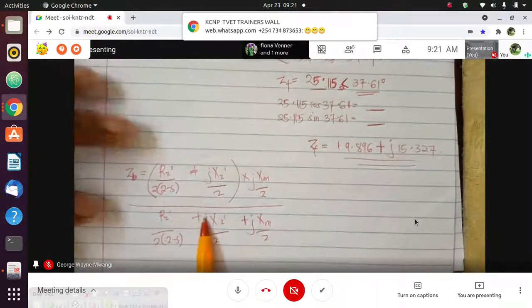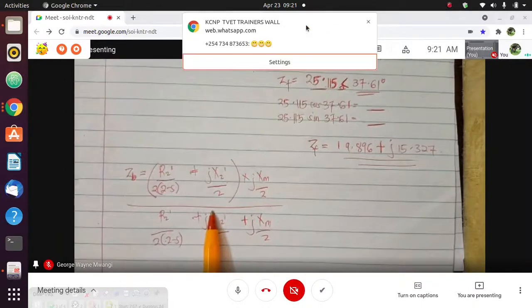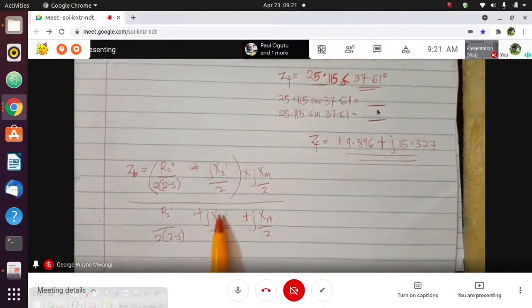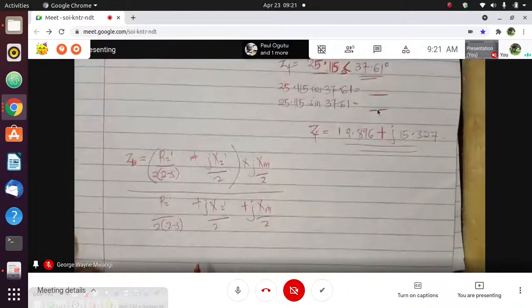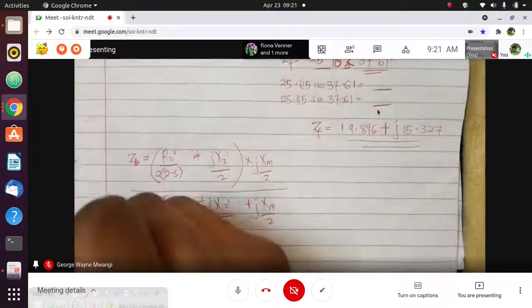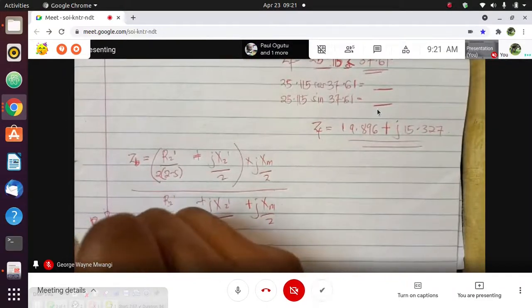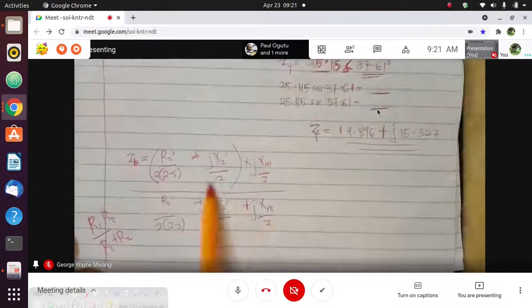When I write it like this, I don't know if you understand. When you are finding the resistance of two resistors connected in parallel, it is the product over the sum: R1 R2 over R1 plus R2. Do you understand?